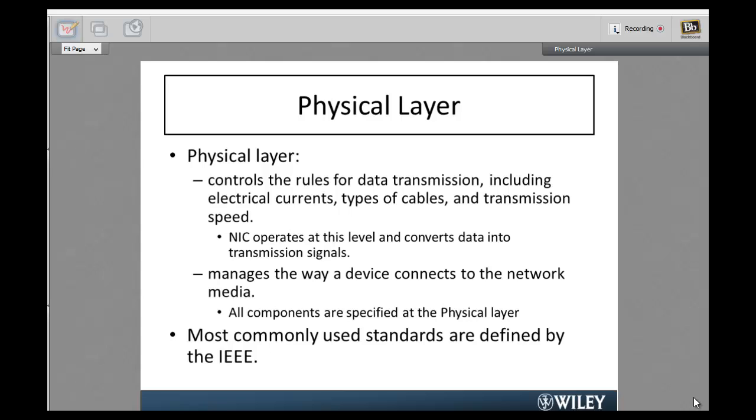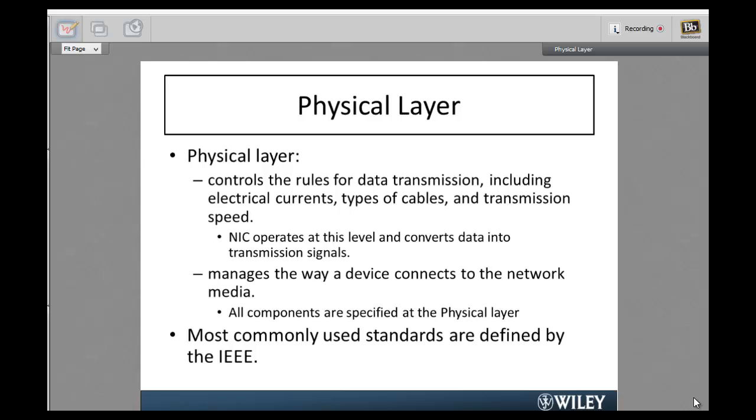Like if I send, for example, 01 from a coaxial cable, it would be the same if I would send it with the optical one. Although in the layer behind, I mean the manufacturing layer, they work differently from each other. So it manages the way a device connects to the network media.